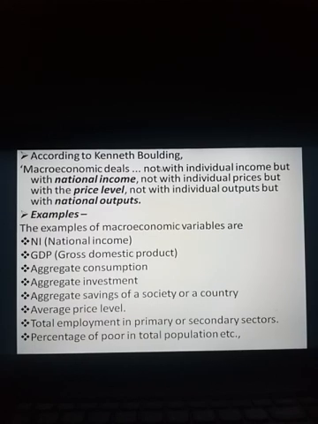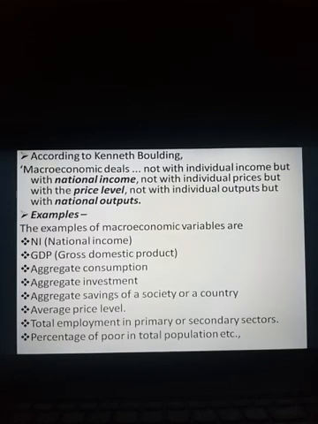So you have to just start with the word not. That's it. Macroeconomics deals not with individual income but with national income. That means instead of studying one individual's income or one person's income, it studies the total value of all the goods and services produced in the country, that is national income.